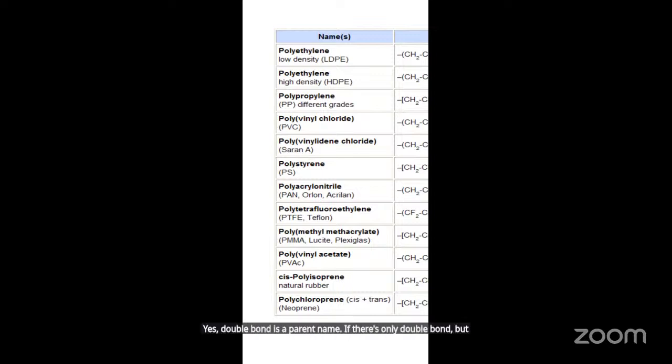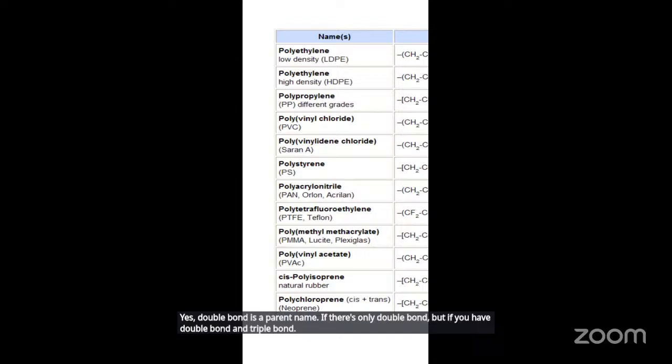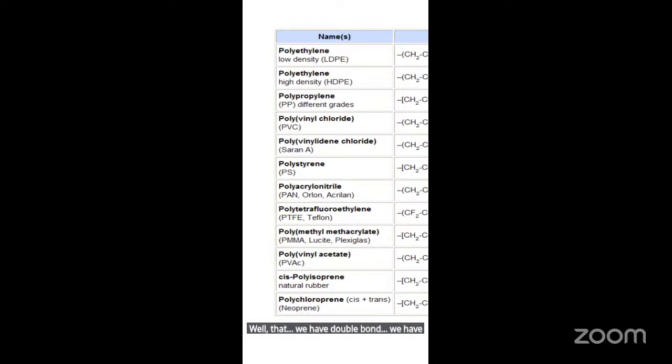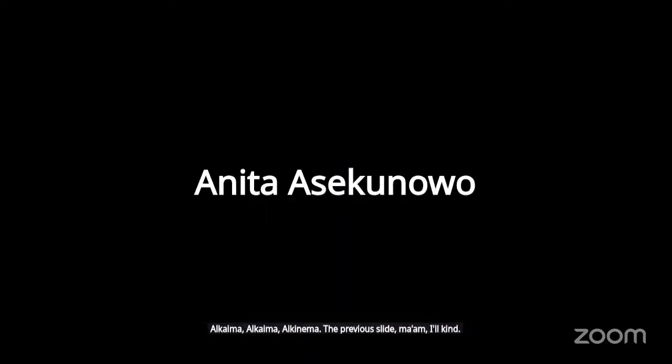But if you have a double bond and a triple bond in the compound, it is different. Is it on the alkyne slide or the alkene slide? Alkene slide. Alkyne, ma. This slide or the previous slide? The previous slide, ma. Let's go to that slide.